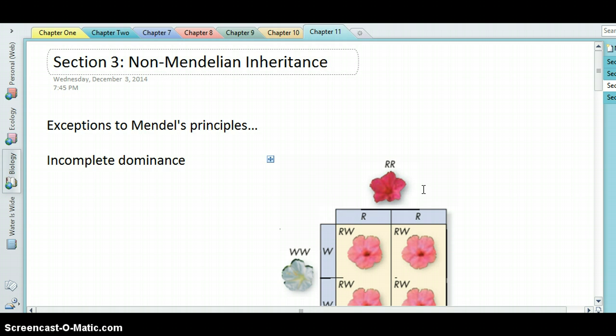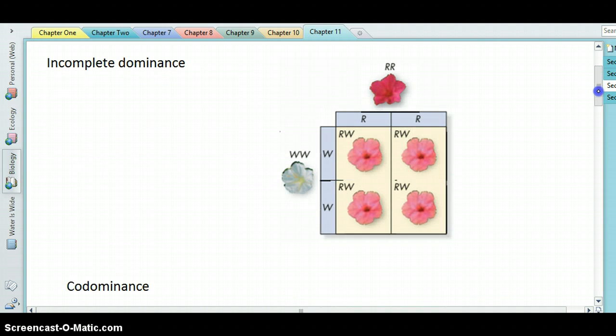There are many traits for which that situation applies, but there are some where that situation doesn't apply. That is, we have some forms of non-Mendelian inheritance where they don't adhere to the simple two allele dominant recessive situation. For example, we can have what's termed incomplete dominance.